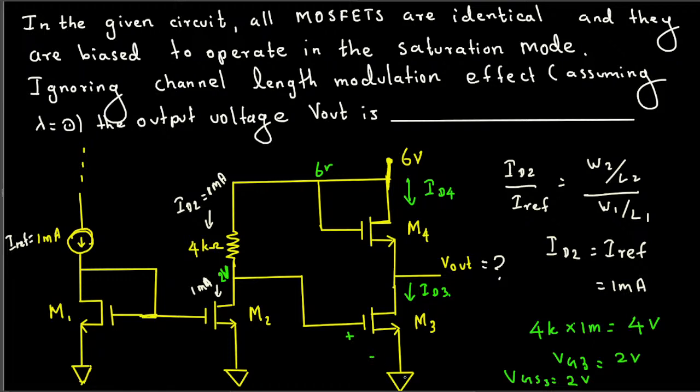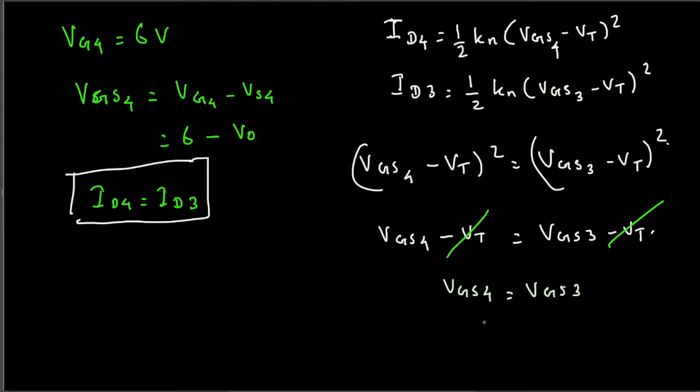V source is 0 since it's connected to the ground. So VGS3 is also 2 voltage, because VGS3 is nothing but VG3 minus VS3. VS3 is 0, so VG3 must be equal to VGS3, that is 2 voltage. So we already found VGS3 right here, that's 2 voltage. So VGS4 is also 2 voltage, since we found out both of them are equal.